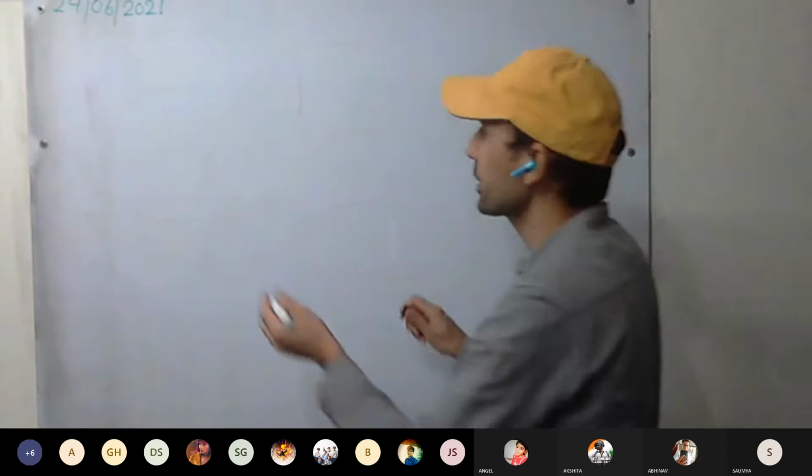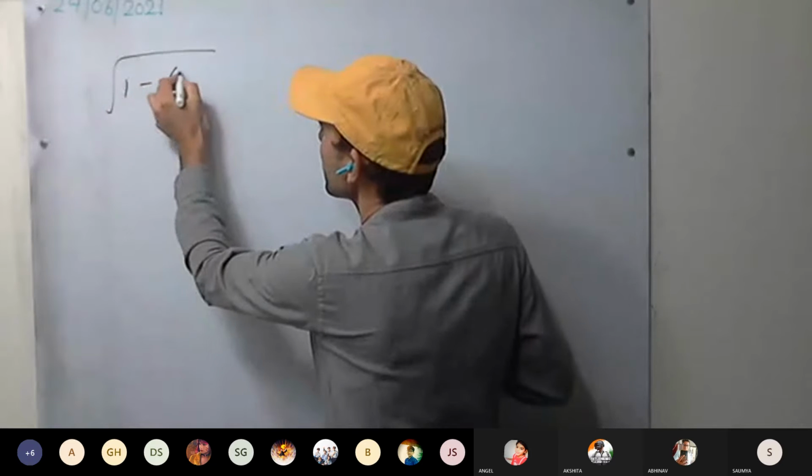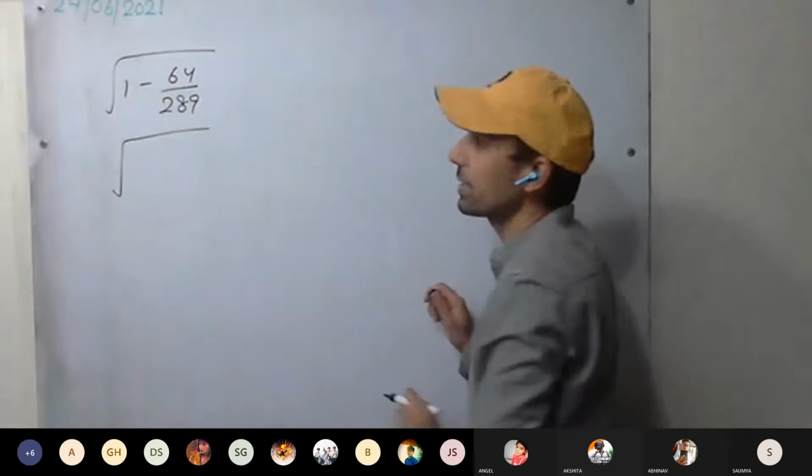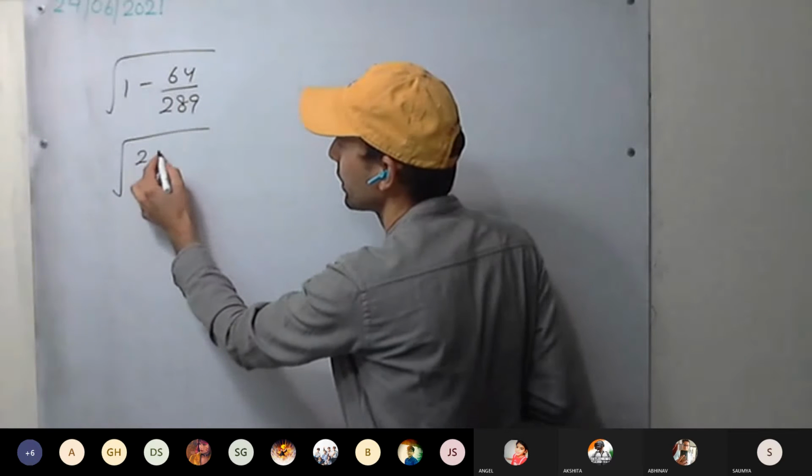The next one is root of 1 minus 64 upon 289. Take the LCM and subtract.